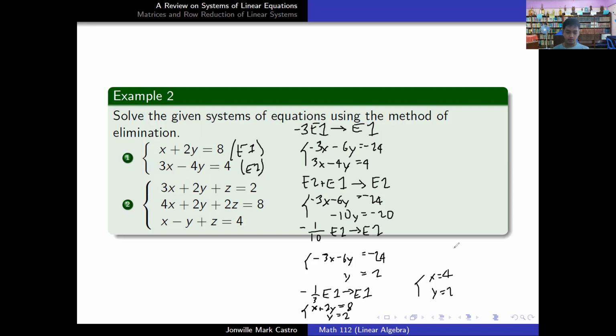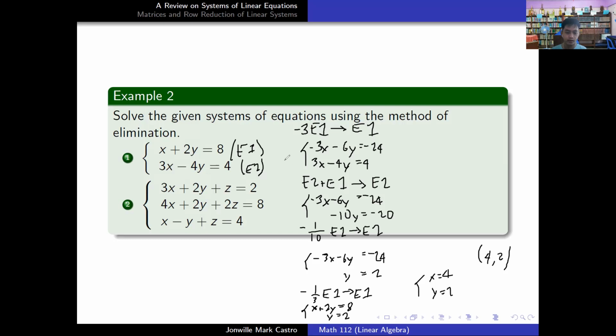So, ito yung solution natin for the given system. Okay? So, we can write the solution as pwede siyang ordered pair for 2 or just ganito. x equals 4, y equals 2.